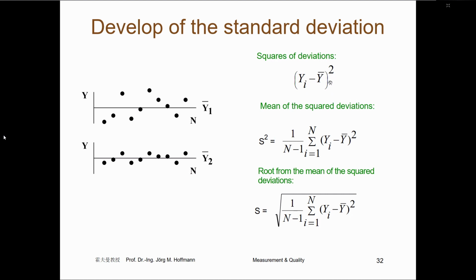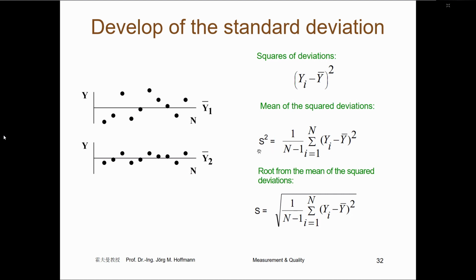That means it makes no difference if you say yi minus the mean, or the mean minus yi, that is the same. And then we calculate the mean over these squared differences, and that is the variance.